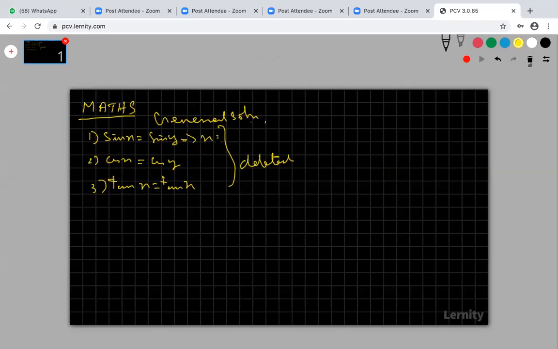After completing this chapter, we are going to discuss the next chapter, complex numbers and quadratic equations. In that chapter, some topics are also deleted: polar representation of a complex number and square root of a complex number. Your fifth chapter, linear inequalities, is entirely deleted.